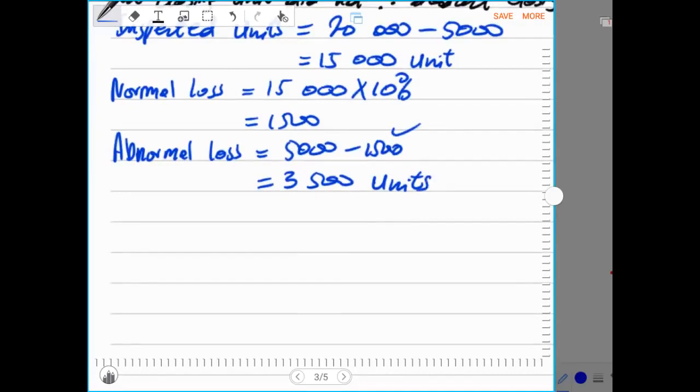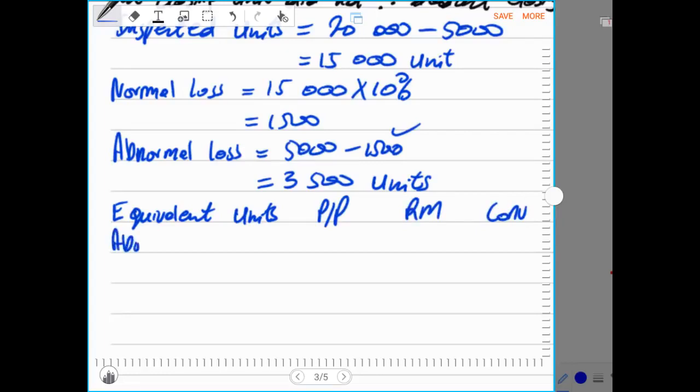Now let us do the last part, which is equivalent units. Under equivalent units, we start with the units. We have previous process, raw material, and conversion cost. Then we record abnormal loss.